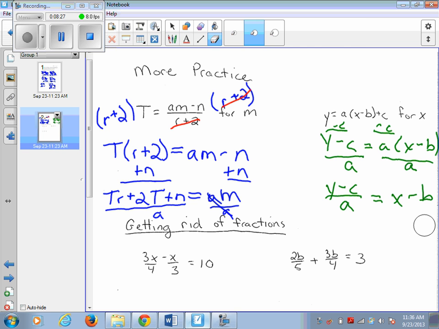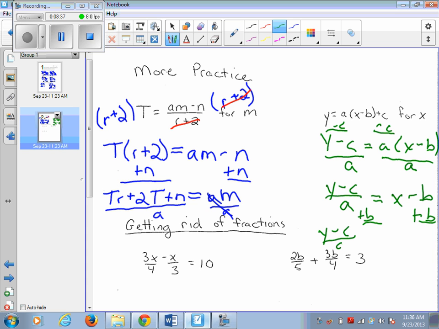Let's erase that because the more I try to fix it, the worse it gets. So let's add b to both sides, and we get y minus c over a plus b, which does not go over a, is equal to x.